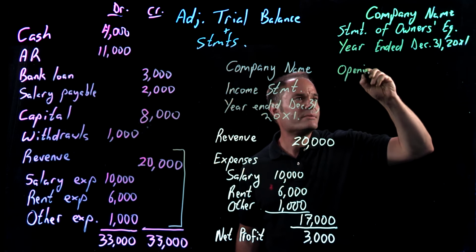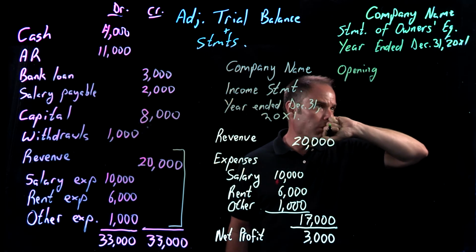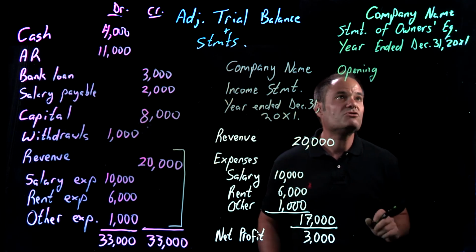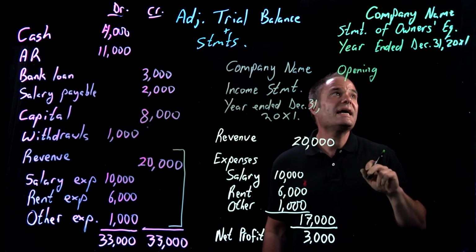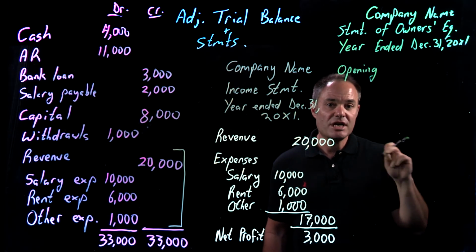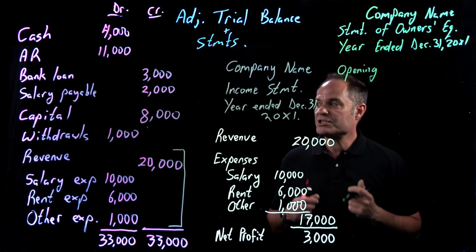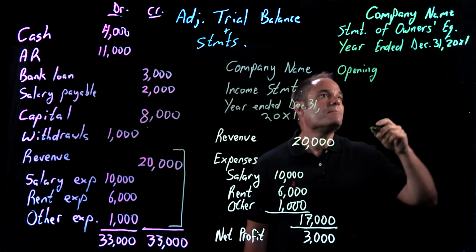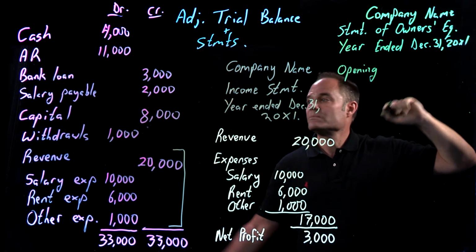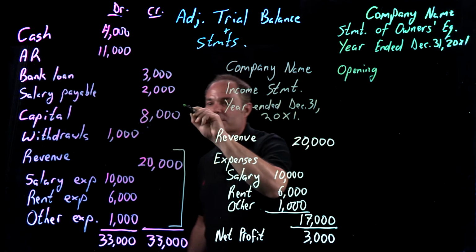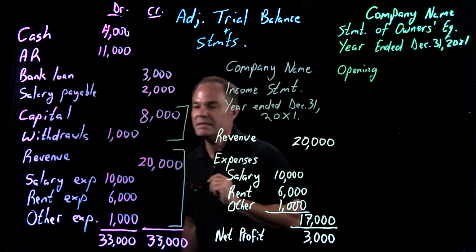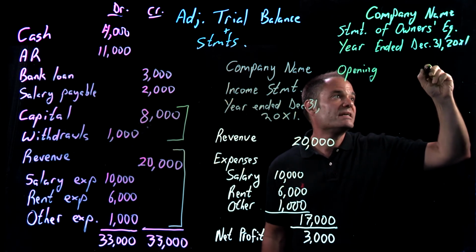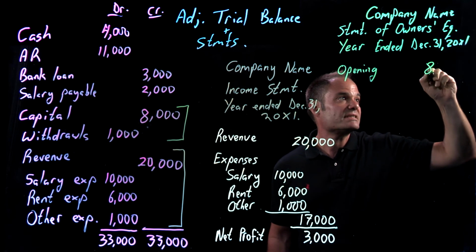So we're going to have opening equity. And normally we would put the date, I'm not going to, just because I'm constrained again by space. But the opening equity, meaning at the beginning of this period, on January 1st, 20X1, how much equity did this company have? And I'm going to assume that the company had $8,000 of equity. It could have had 0 and there could have been investments, as we'll see in a second. But I'm going to put in that there was $8,000 in this case.